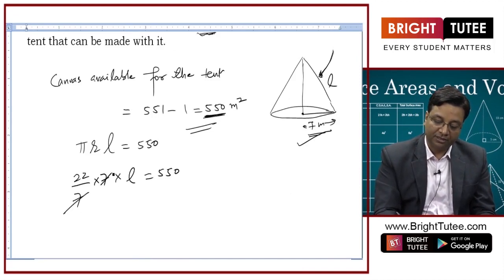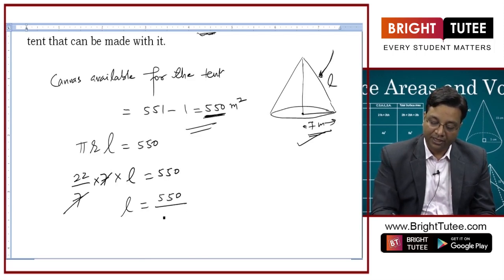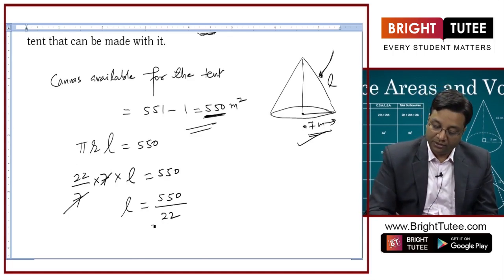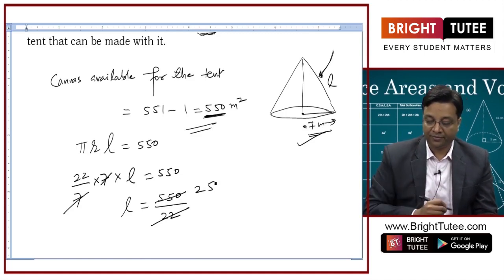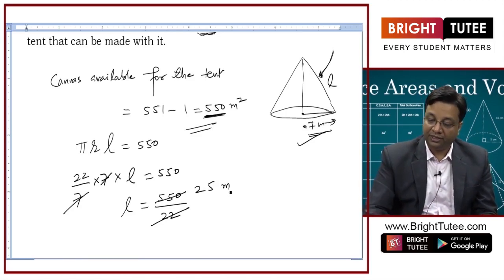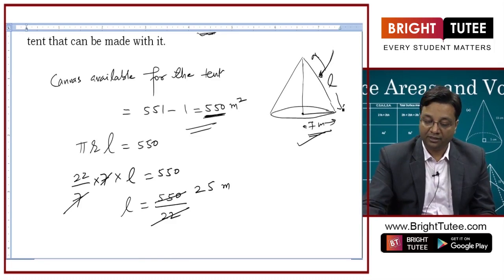Now, 7 can be cancelled. L is equal to 550 divided by 22, right. So 22 into 2 is 44, 11 remainder, so 110. So 22 into 5 is 110. So L is equal to 25 meter. So I have got the slant height now.